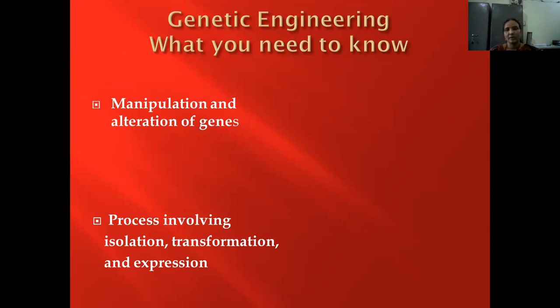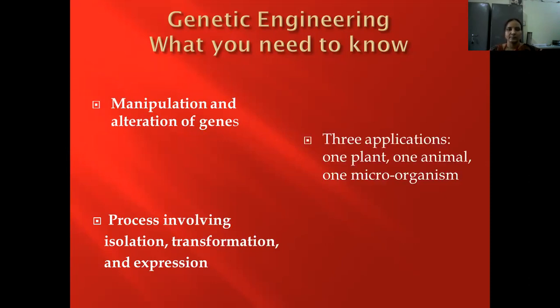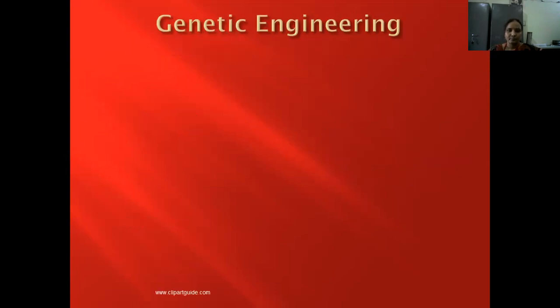Transformation means transferring it from one organism to another organism, that process is called transformation. And expression: if we transfer it, it will start forming the protein that gets expressed, and that process is called expression. Then we will see the application.